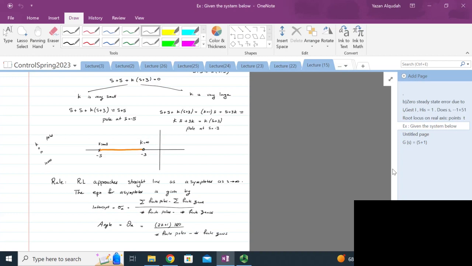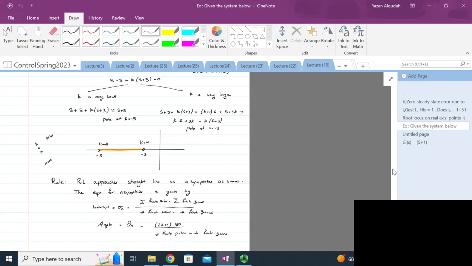Sounds good? Okay. So from the previous rule, we said we're going to have asymptotes that are going to equal n minus m. Now, there is also another rule that will help me know what angles these asymptotes make and where they meet.